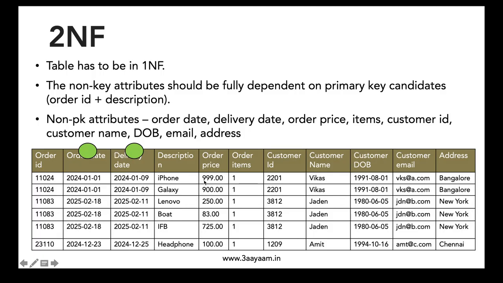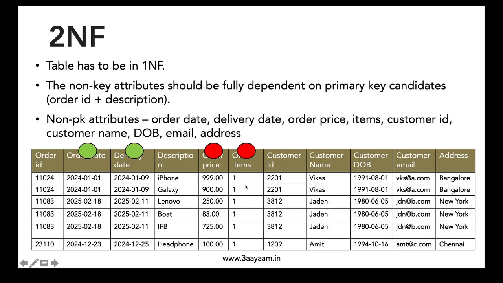So it seems like order price is not dependent on the primary key completely, although it is dependent on partial candidate key, but that is not what second normal form says. It has to be dependent on both order ID plus description. So this particular table is not in second normal form because this column is deviating from the definition.